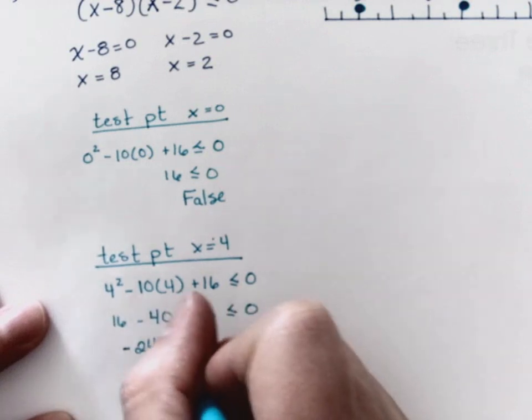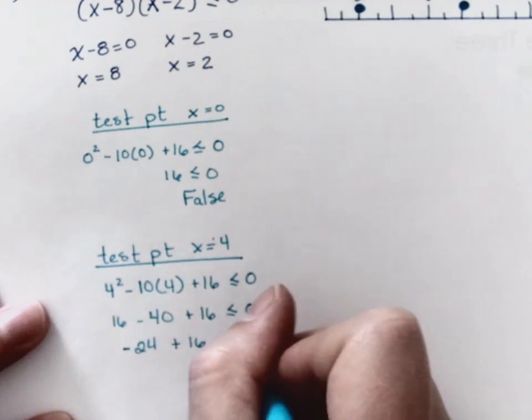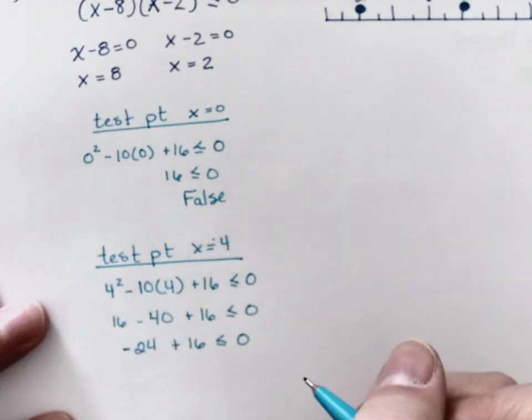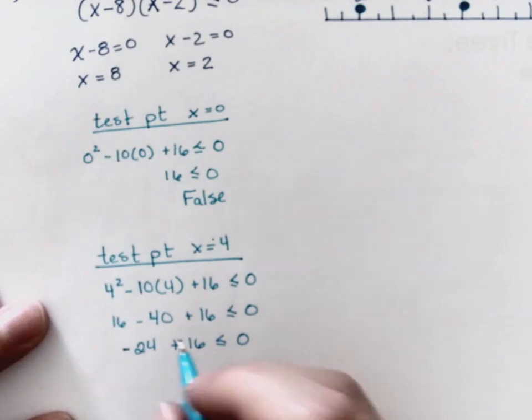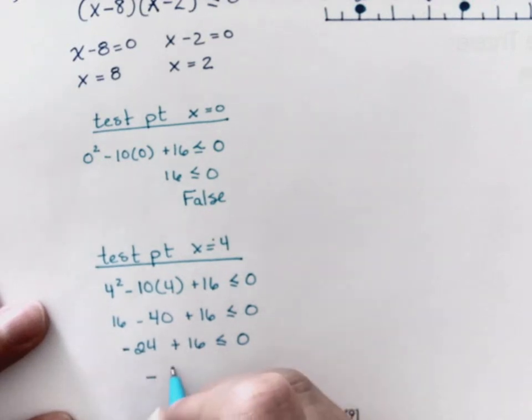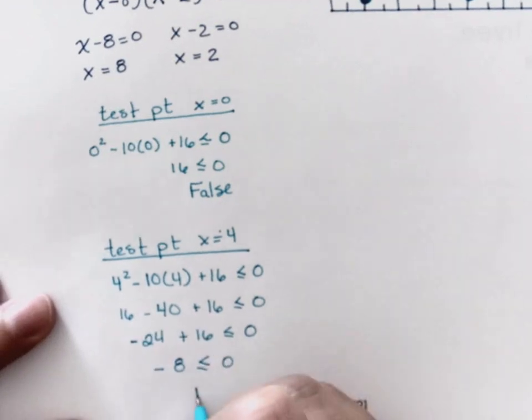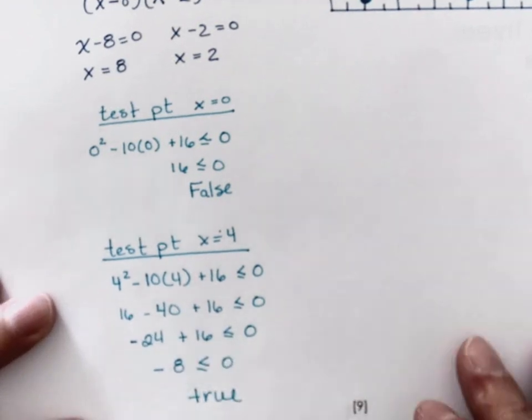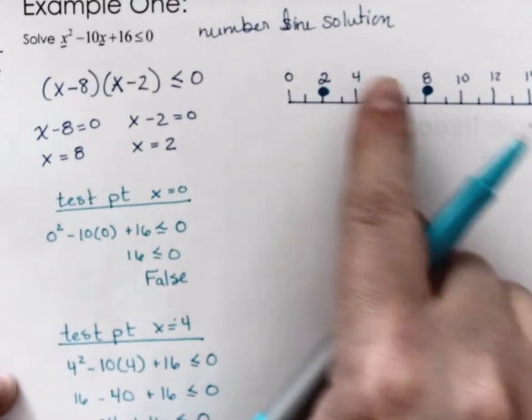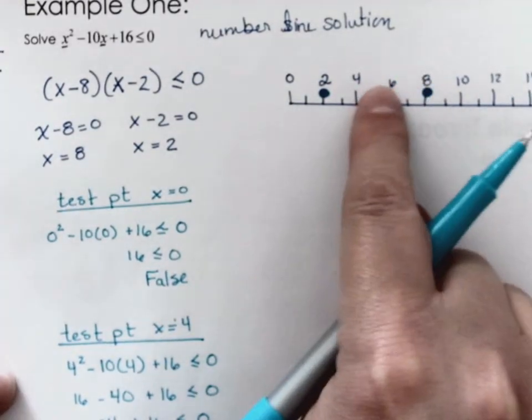Negative 24 plus 16 is negative 8, which is less than 0. So that is true. I know that it works in between the two.